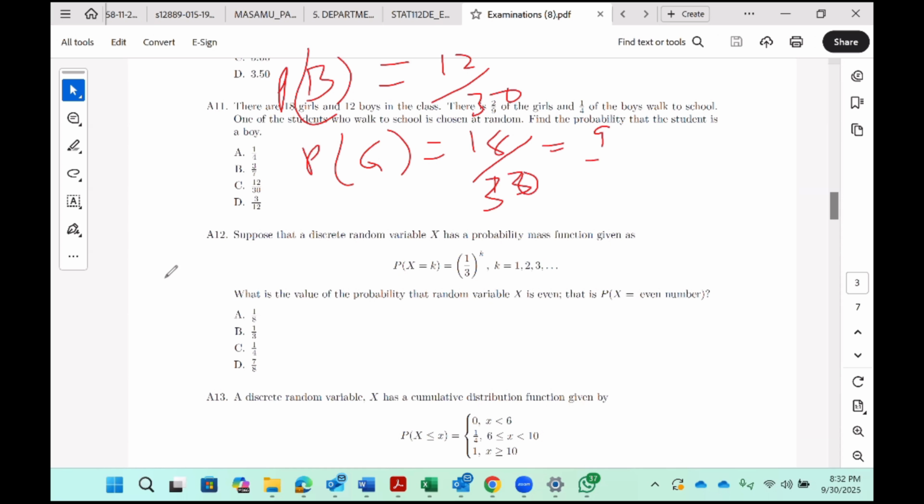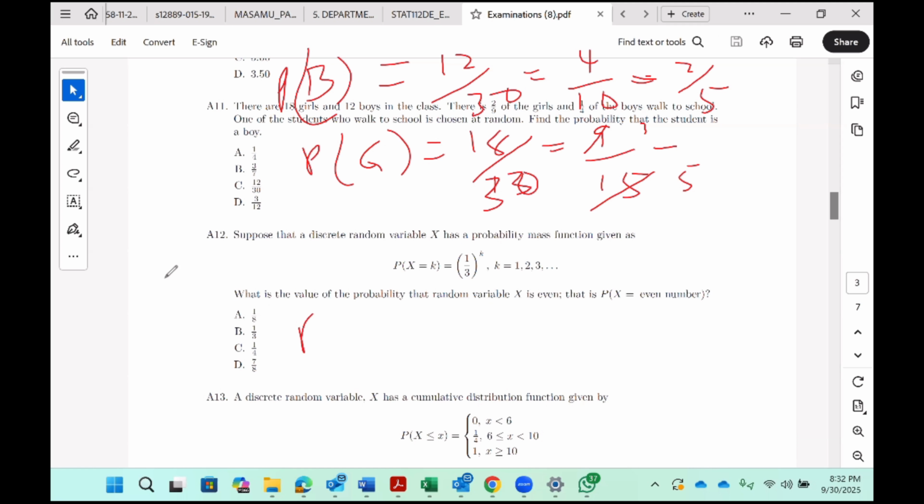So this is 9 over 15, and this is 4 over 10, which can also be expressed as 2 over 5. Then here 3 over 5.